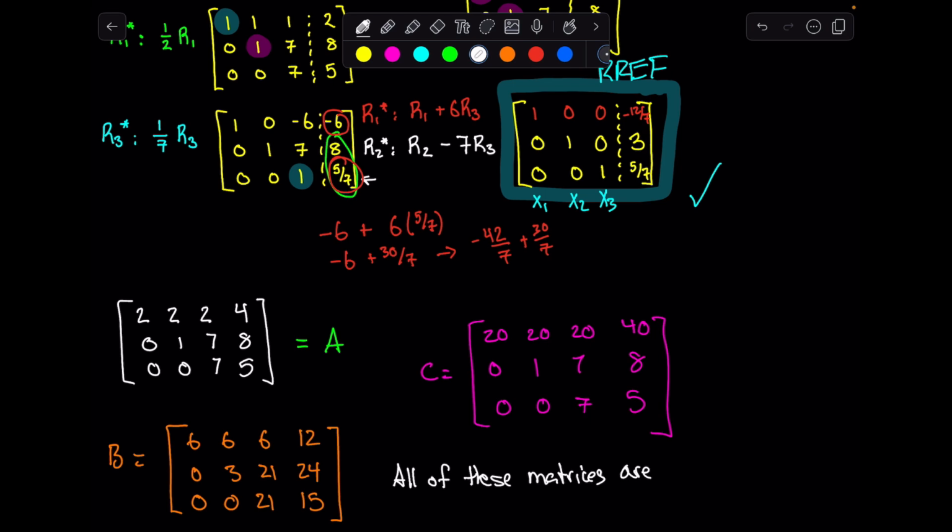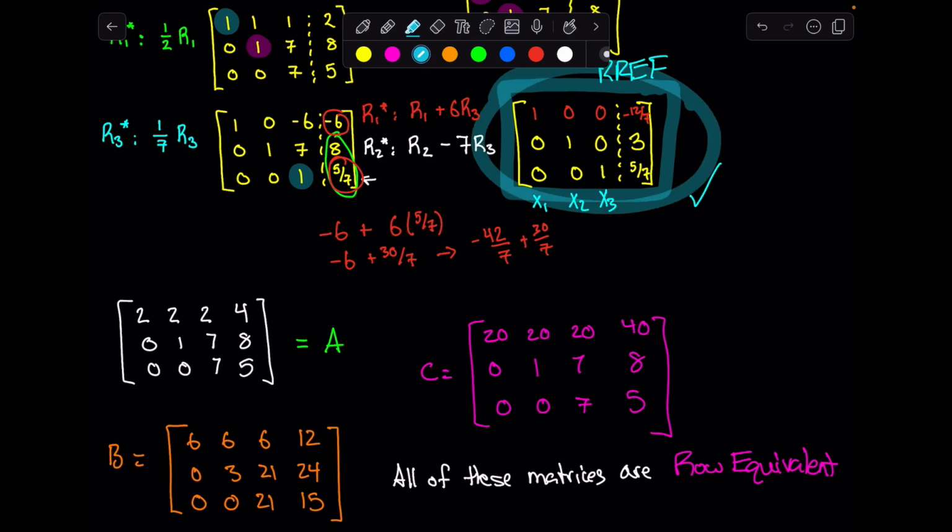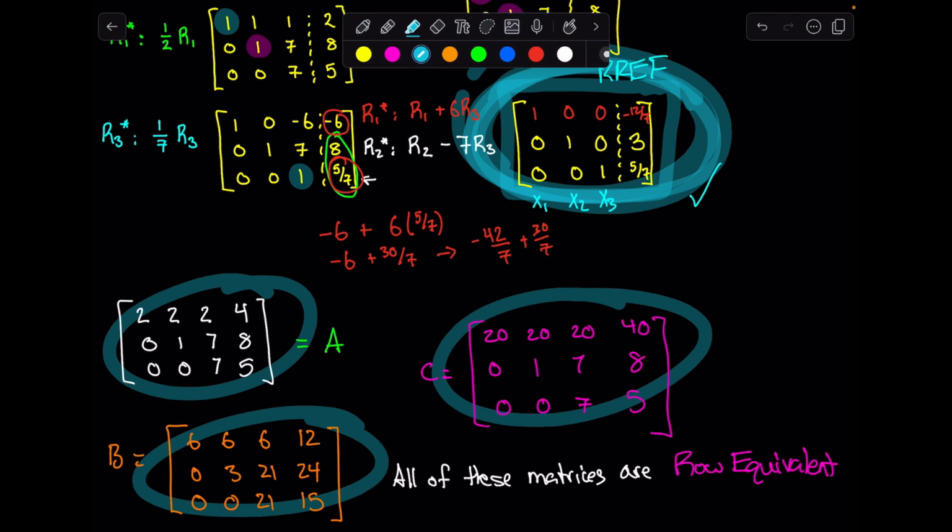And the idea is that all three of these matrices reduce down into this particular RREF. They reduce down into that exact same matrix with the ones in the diagonal and then some numbers at the end in this particular case. So even though they all look very different, that's what they simplify down to.